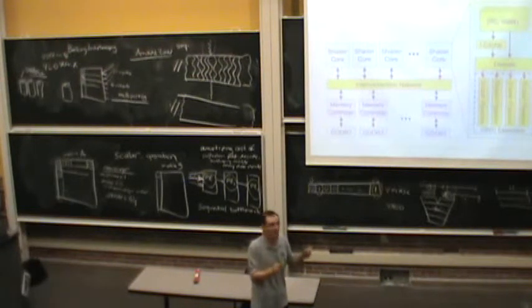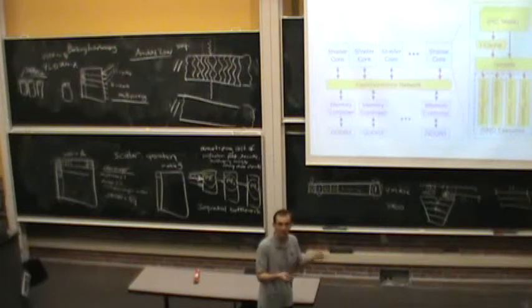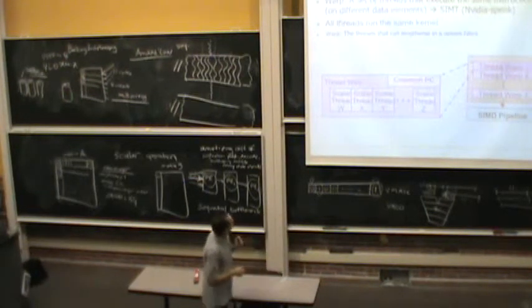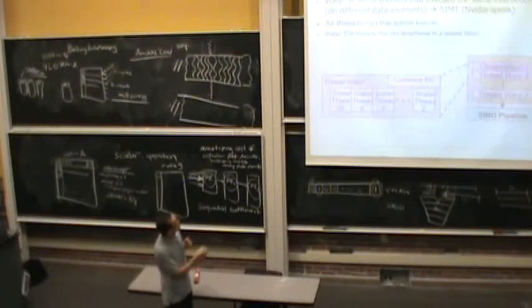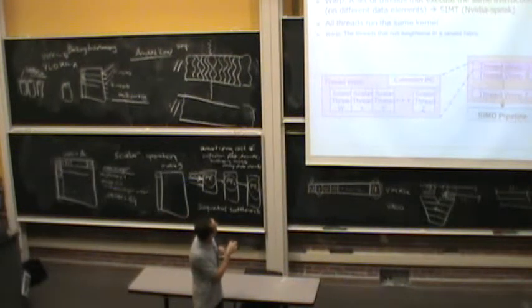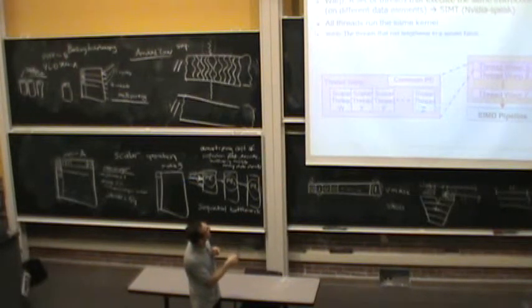All the programmer needs to do is basically ensure that threads operate on different data elements. They don't need to rewrite the code. Okay, so this is called SIMT, single instruction multiple thread, by NVIDIA. And what you have is a set of threads that execute the same instruction on different data elements, but the program is written as threads.